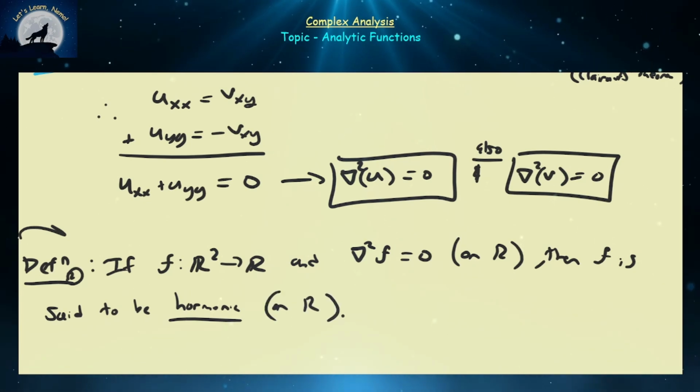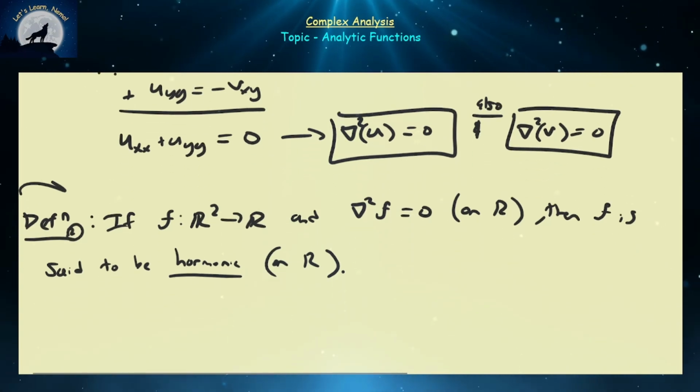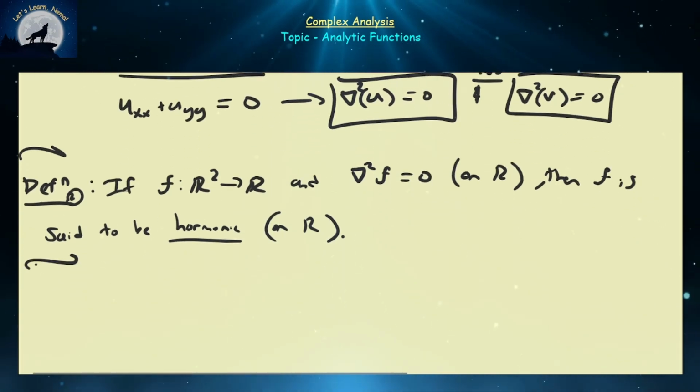And that need not be the set of real numbers. That could be any open region as well. Right? So what do we see? We see that if f is an analytic function, then its real and imaginary parts will be harmonic. So that's actually quite interesting.